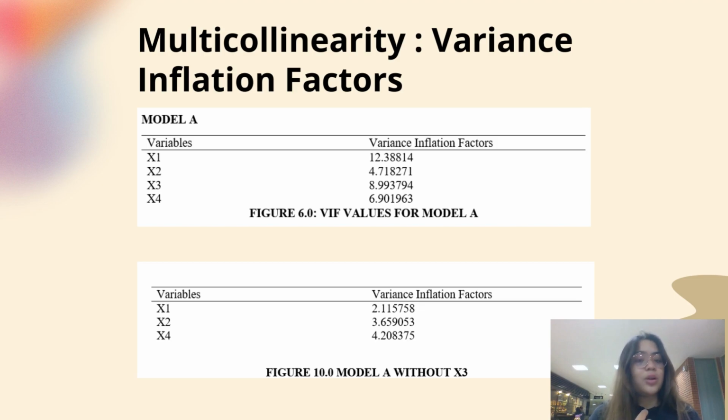All the variables have recorded a VIF value below 10 and closer to 1, which has lessened the case of multicollinearity significantly in Model A.